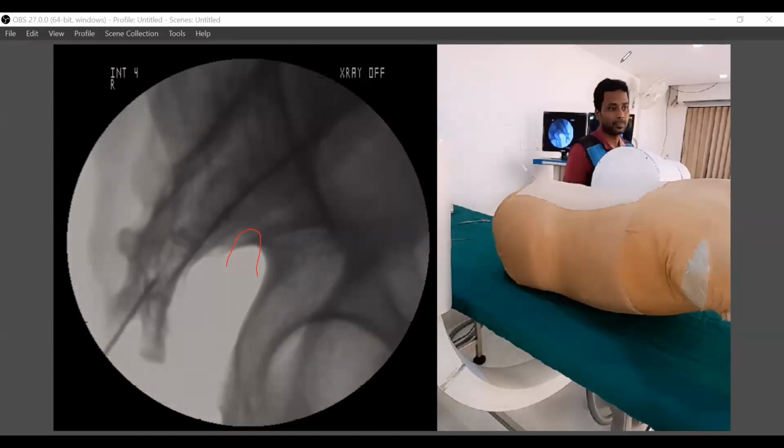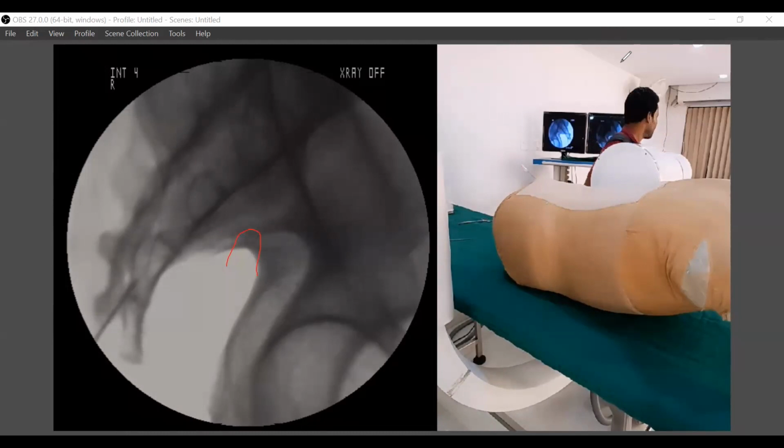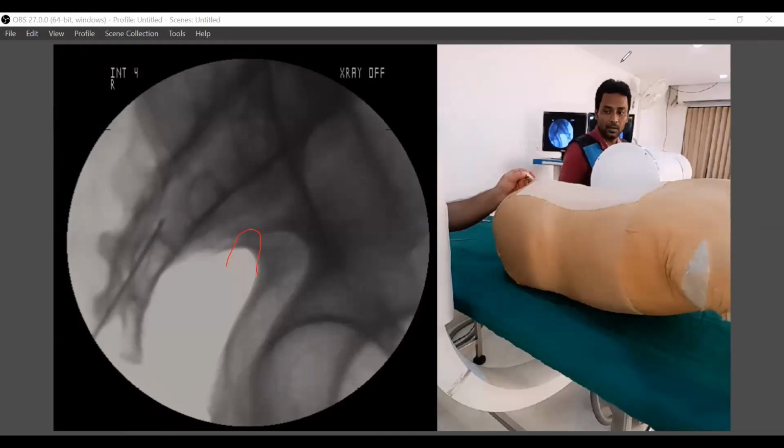This epidural space is not very clean. Here it is our mannequin, so the epidural space is not that clean, but in a normal human you will get, of course, a much cleaner epidural space, very easy to understand.